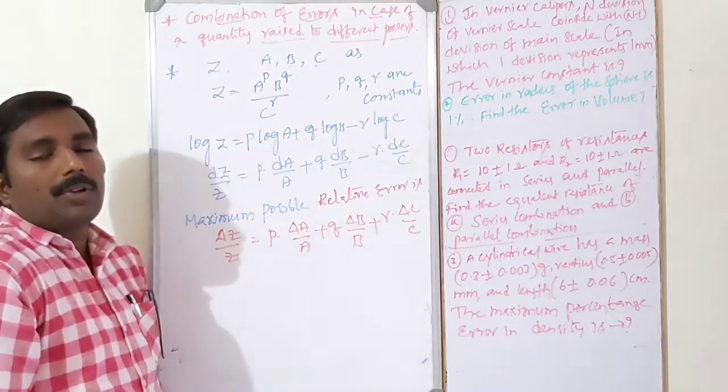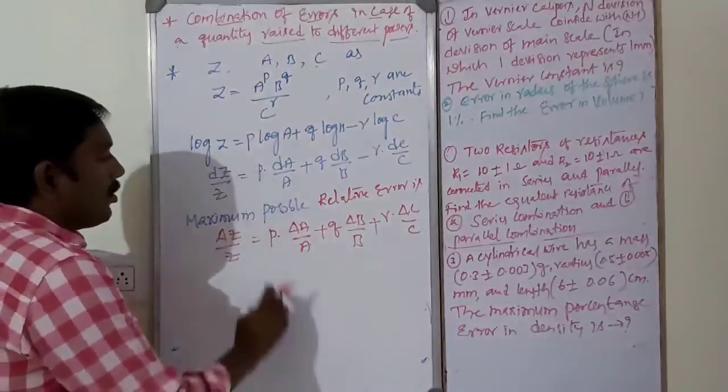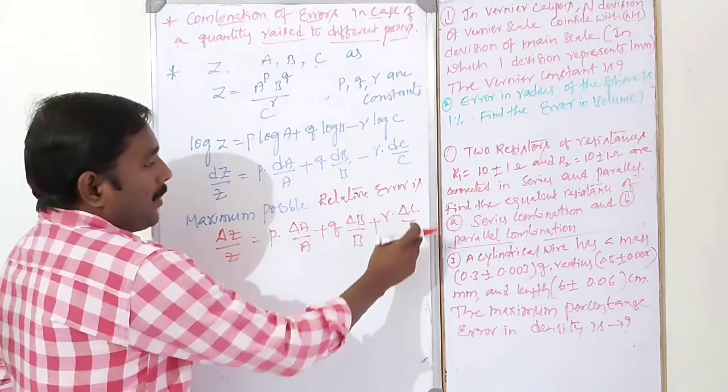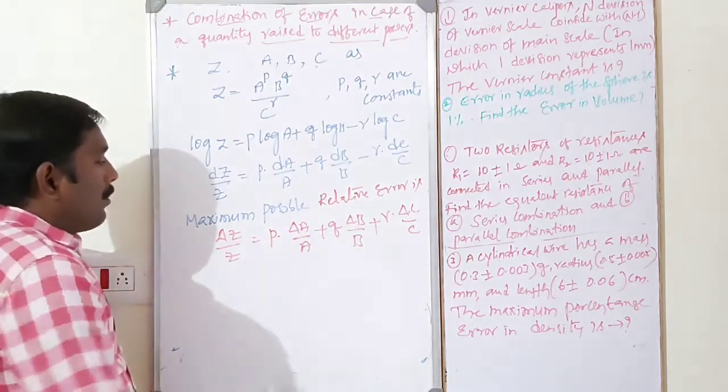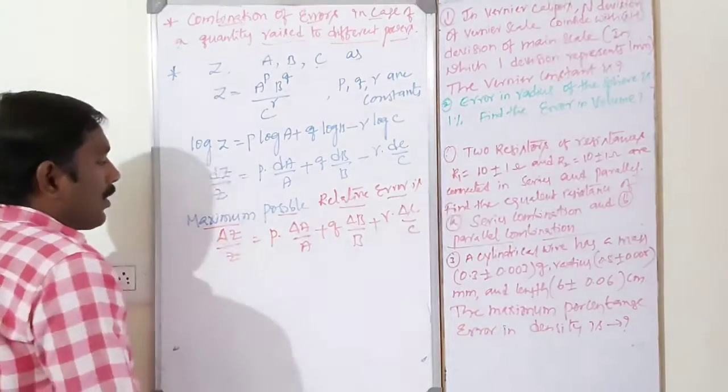Total error must always be added. So delta Z by Z is equal to P into delta A by A plus Q into delta B by B plus R into delta C by C. So this is the maximum possible relative error in Z.